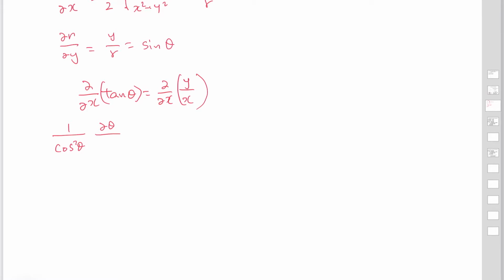By the chain rule, partial theta partial x equals minus y over x squared. So partial theta partial x is expressed as minus cosine squared theta times y over x squared. If you substitute y equal r sine theta, x equal r cosine theta, it becomes minus sine theta over r.